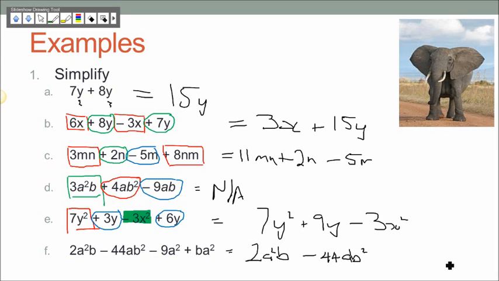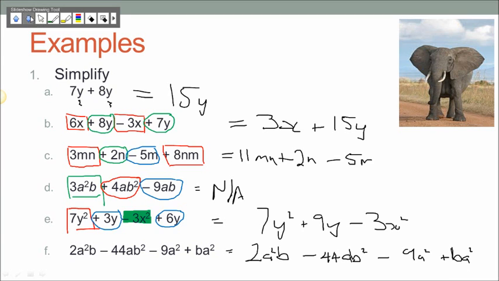And then we've got minus 9a squared. And then we've got plus ba squared. Now what I want you to do is I want you to come into school tomorrow, and our very first lesson that we do, I want you to tell me what mistake I did in this particular question. What did I do wrong?